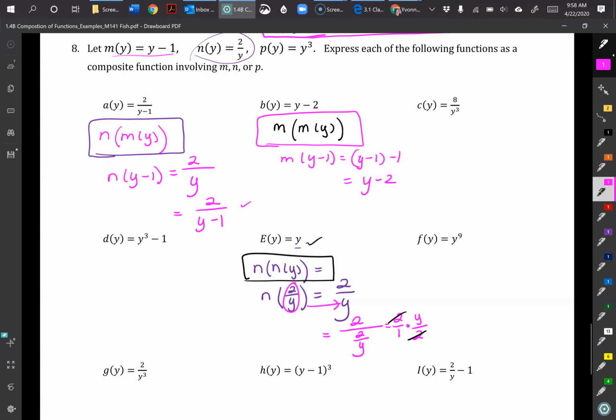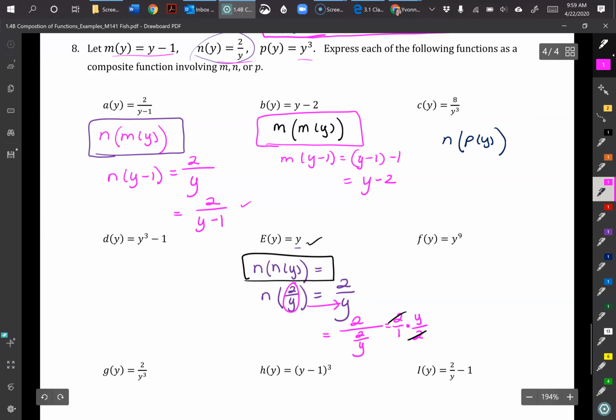So you can see my math there. For c of y, we have 8 over y cubed, so I know I'm going to have to involve p of y somehow. And I have to think, is that going to be the outer or the inner? I think that's going to be the inner, because I can tell that I need to have a fraction as the outside function. So I would have n of p of y, and then check it just to be sure.